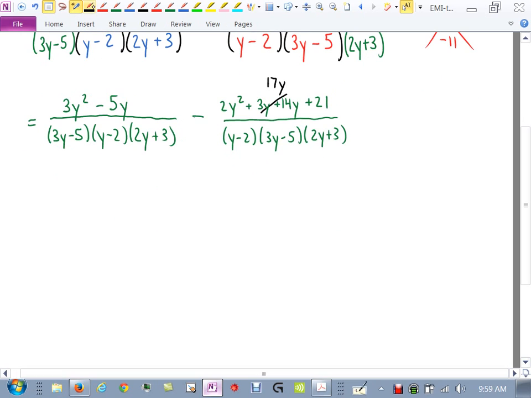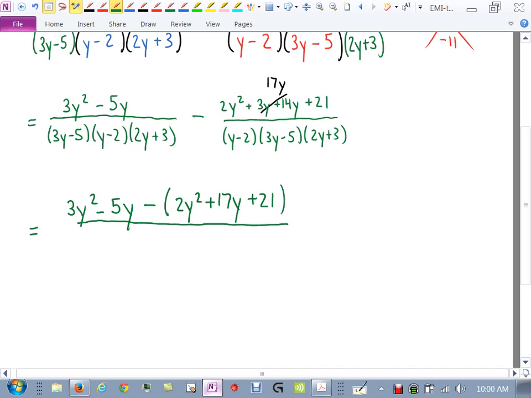I'm going to write it out as 3y squared minus 5y, and I want to subtract everything on the other one. You don't need to put this step if you do it. If you just want to change the signs, that's okay. But I'm just doing it to try and help you remember the negative would distribute. If it was plus, would we be doing this? No, we just put plus and be done.